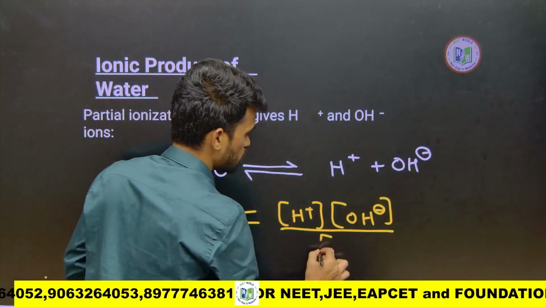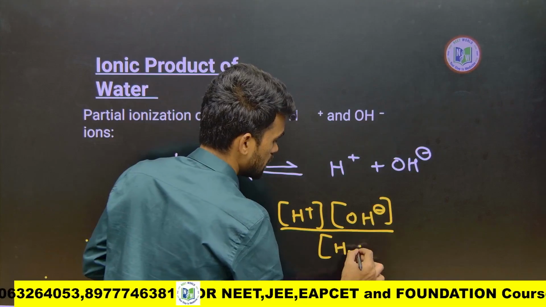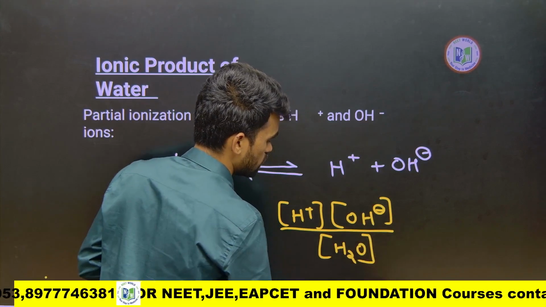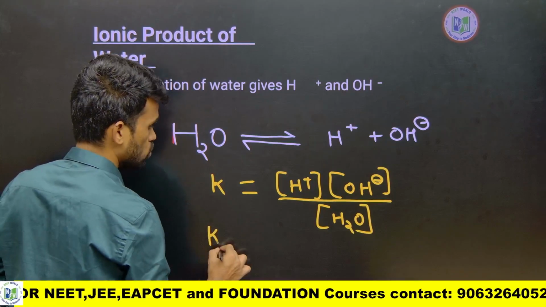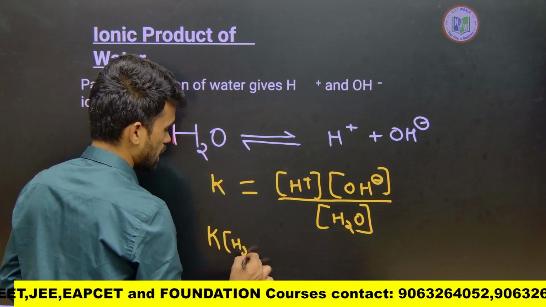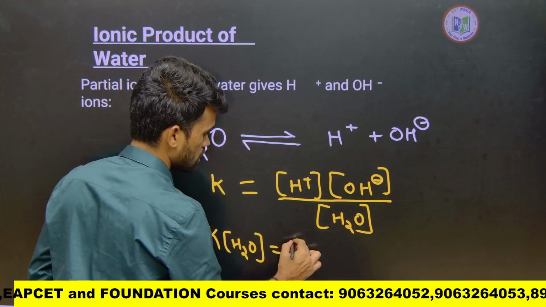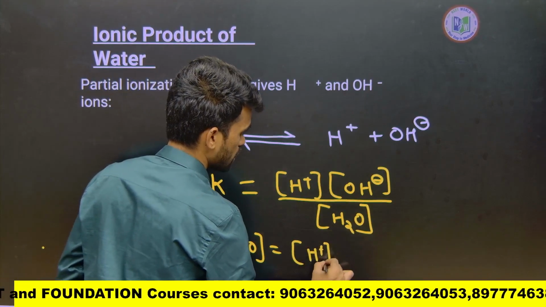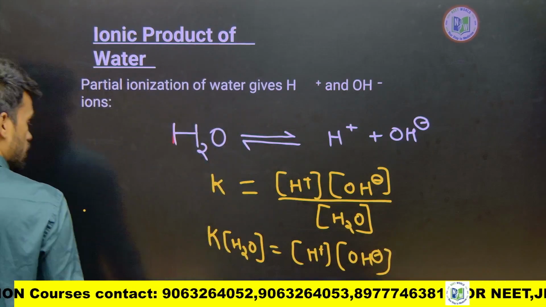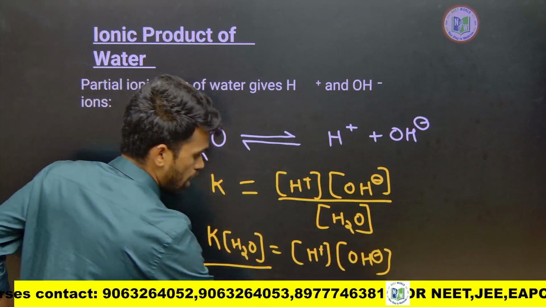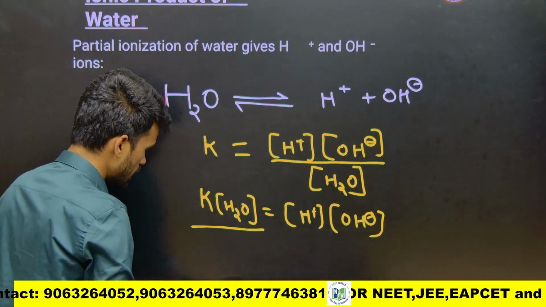Since water is a pure substance here, its activity or concentration is considered to be 1. So K into the concentration of water, I am writing here just for understanding purposes, equals H plus into OH minus ion. Overall, this value I am taking as KW.